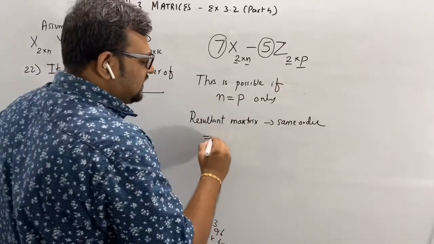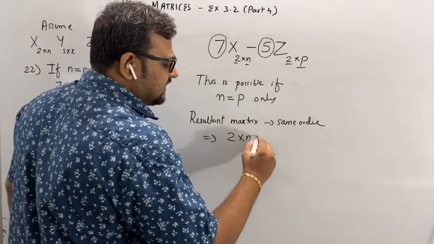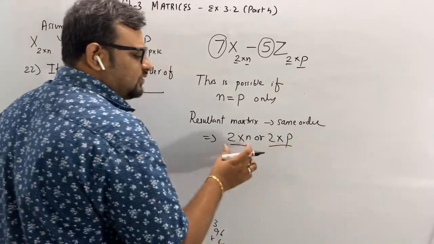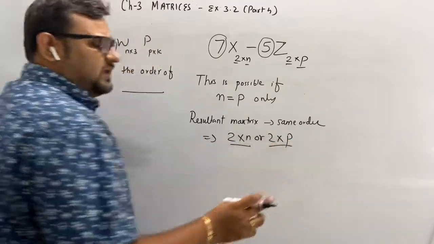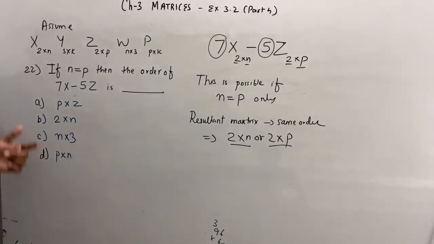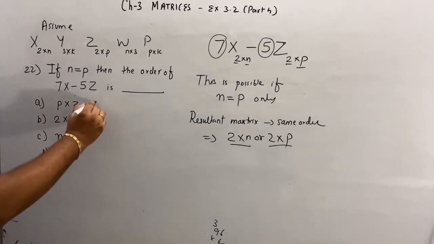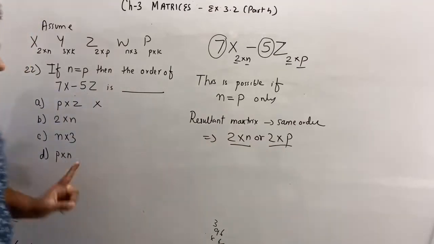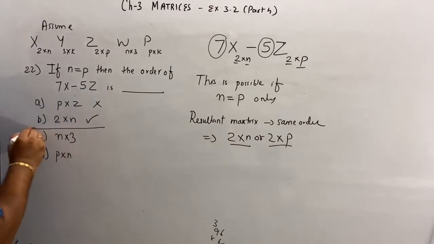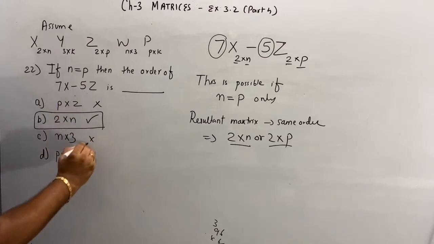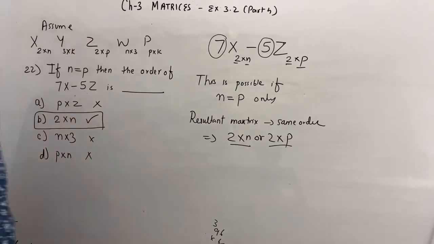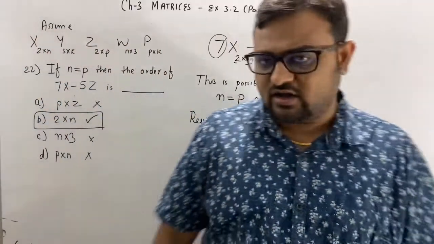So either it will be 2 cross n or 2 cross p. So let's check it. First is P cross Z, this is wrong. Second is 2 cross n. 2 cross p is not given. 2 cross n is given in the option. So C and D are wrong, and option B is the correct one.